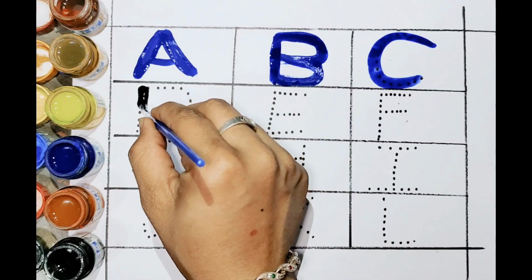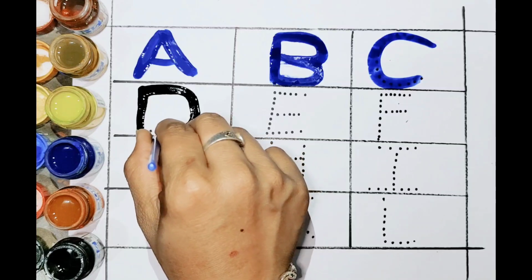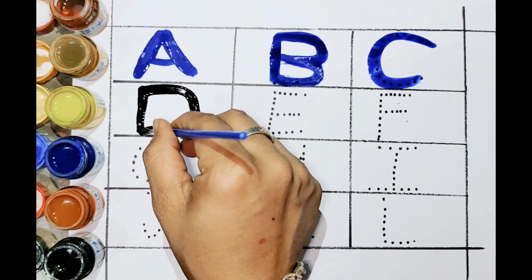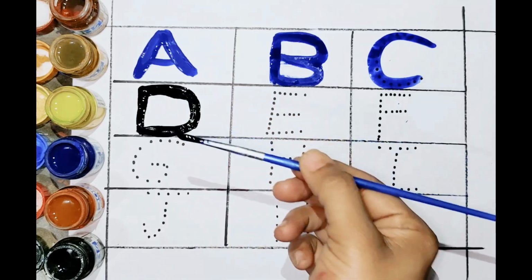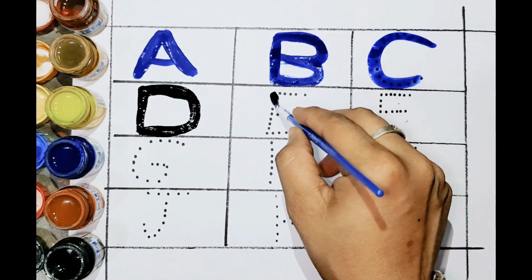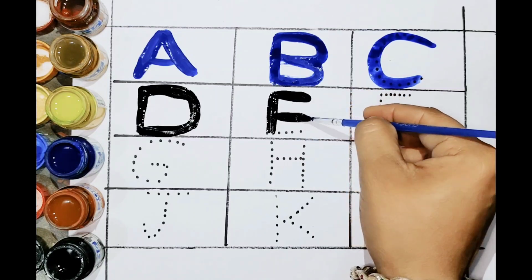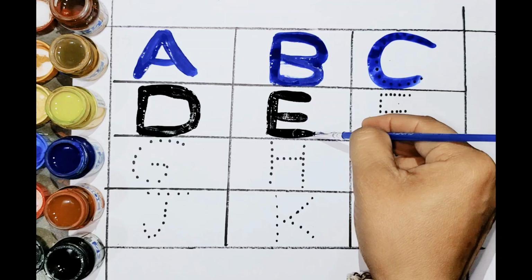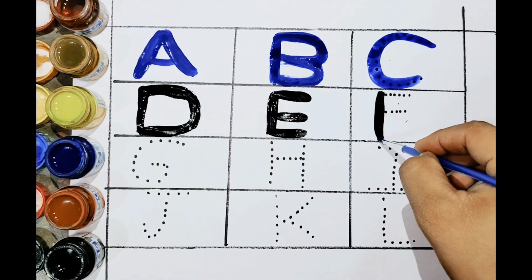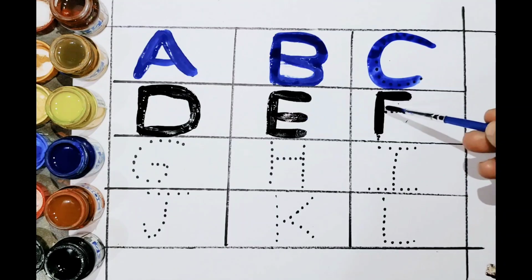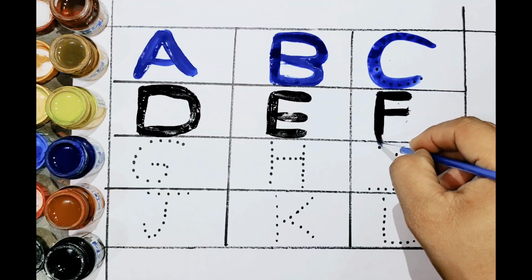D for doctor, D for dog, D for drum. E for elephant, E for eraser. F for fish, F for fruits.